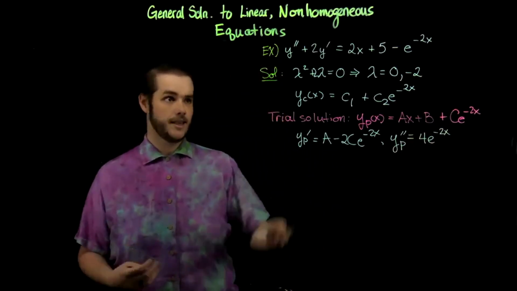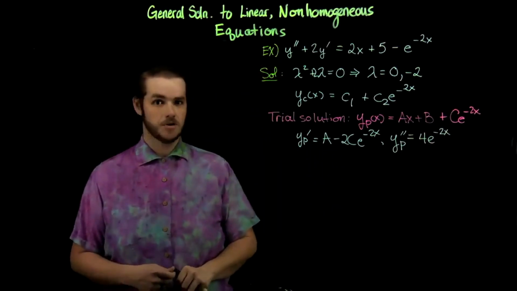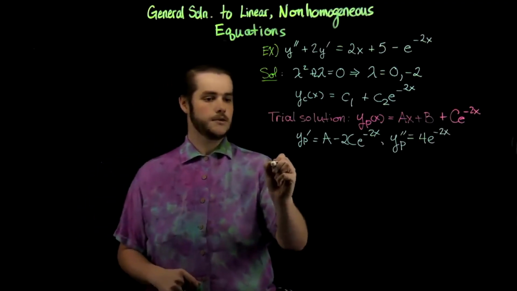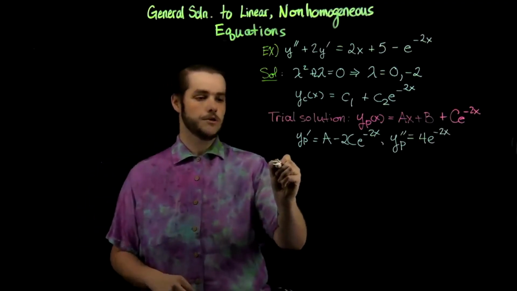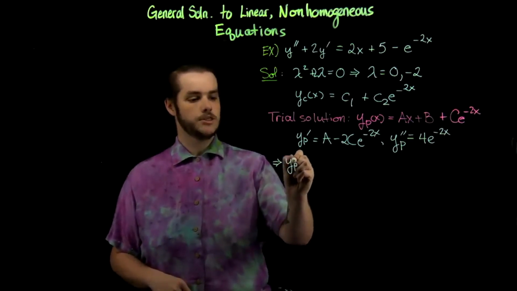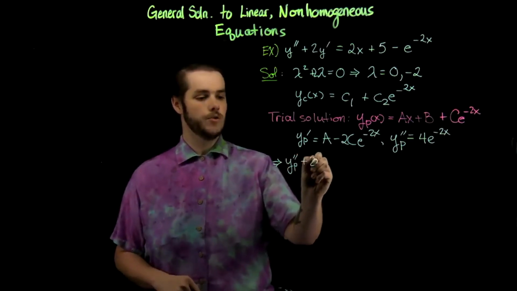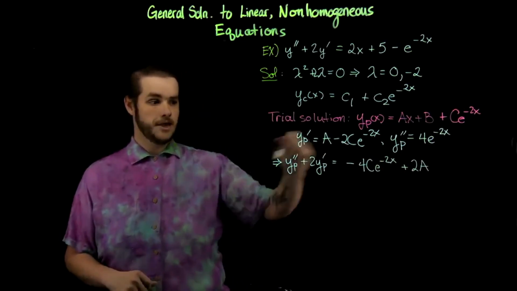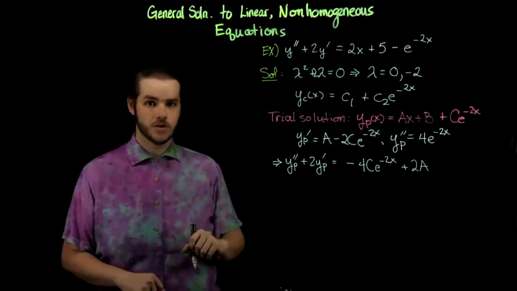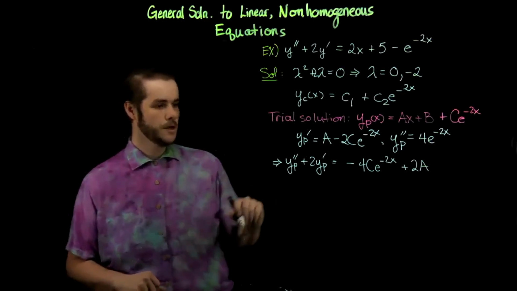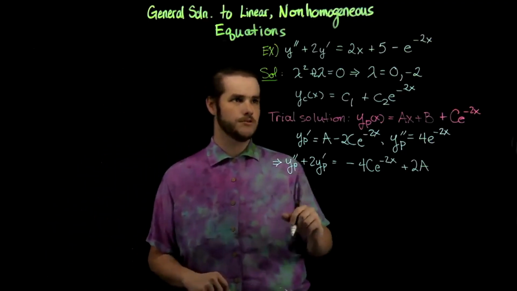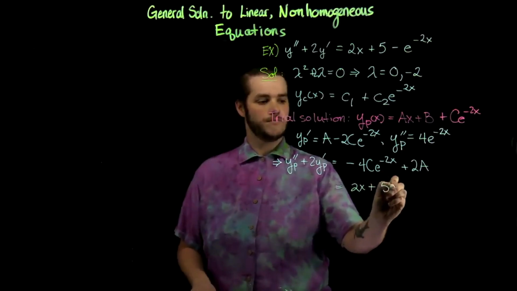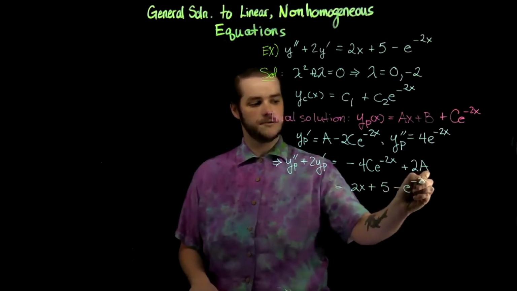Now I plug that into my differential equation because the particular solution should solve it. I get that yp'' plus 2yp' is negative 4c e^(-2x) plus 2a. But wait a minute, that was supposed to equal 2x + 5 - e^(-2x).